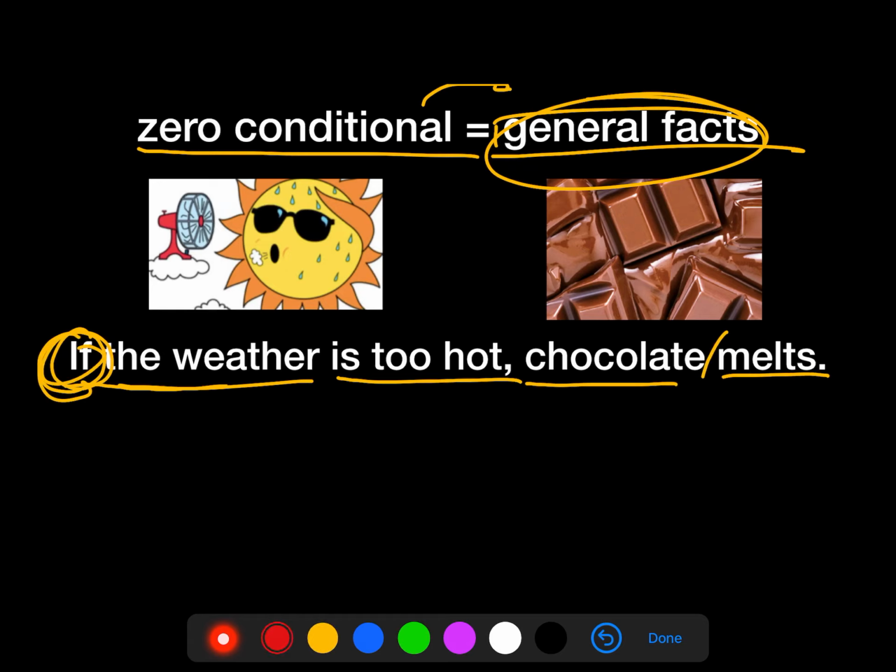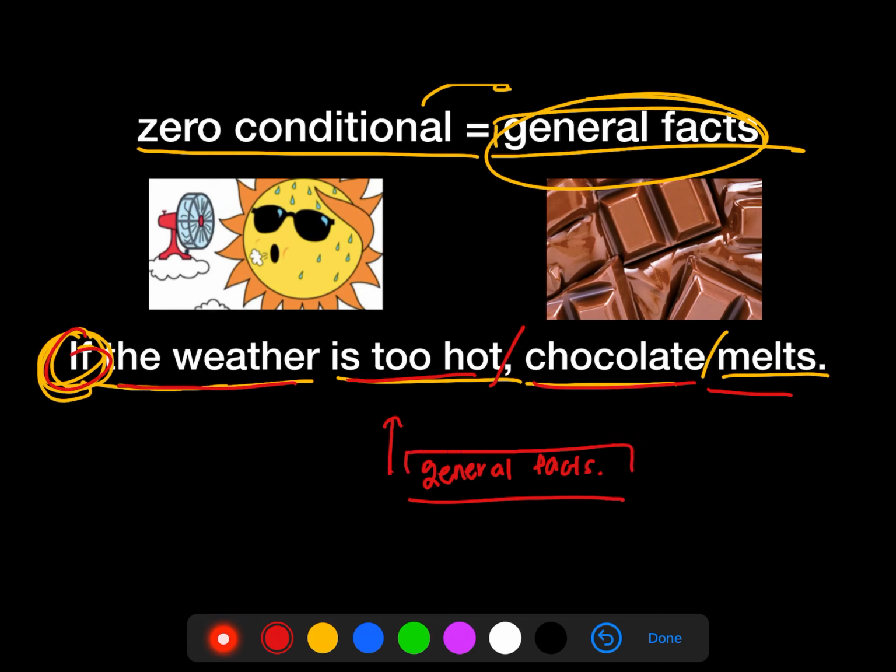If the weather is too hot, chocolate melts. As you can see, they're talking about general facts. We don't even have to doubt it, because it's obviously true. It's 100% true. That's why we use zero conditionals.